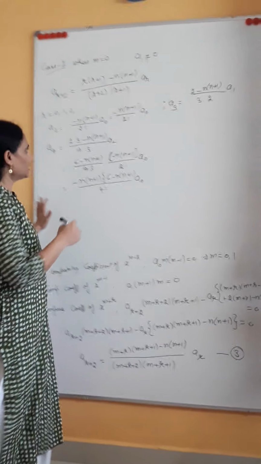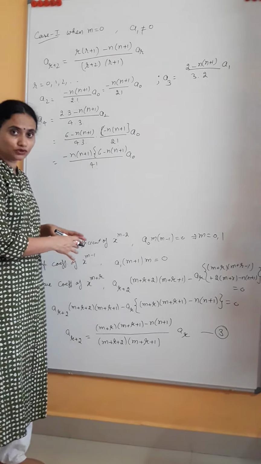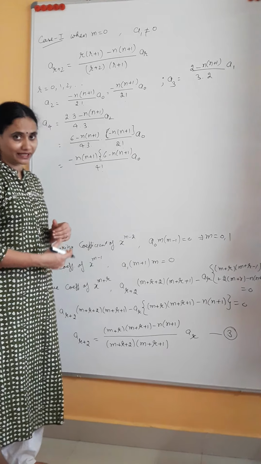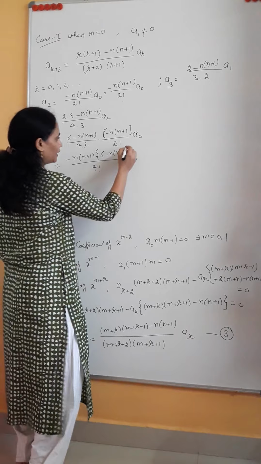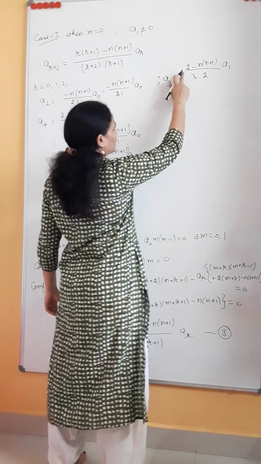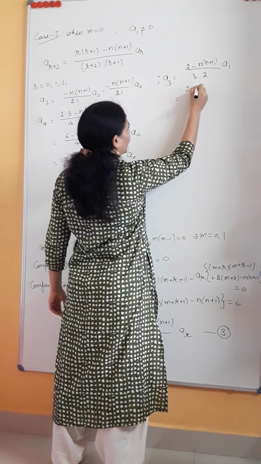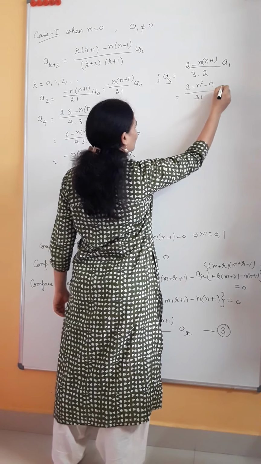So let's see if we are able to find out some pattern, because whenever we conclude on some series solution, we should be able to see the pattern. Then only we can summarize. So let's check if we can make some factors here. So for a3, let's see, it is 2 minus n square minus n by factorial 3. For now I am writing.